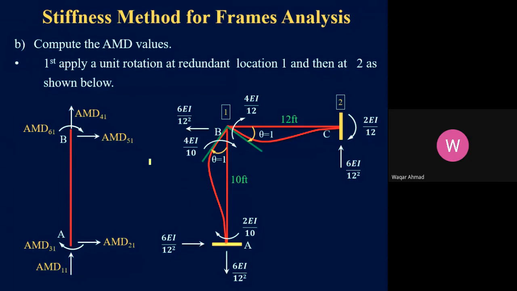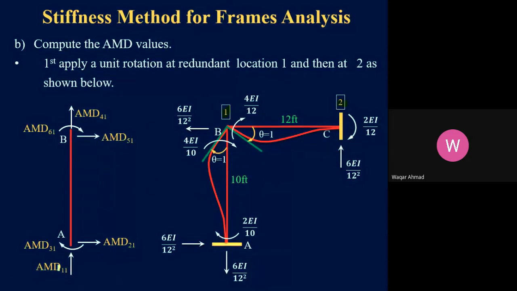The first column will come from when the unit displacement is applied at coordinate number 1, and the second column will come from when we apply a unit displacement at coordinate number 2. So in this first step, we applied the unit displacement at coordinate number 1. And these are the induced moments, and these are the corresponding reactions.